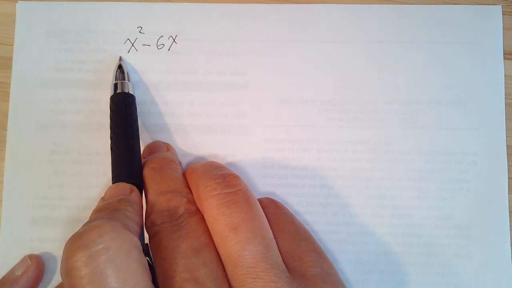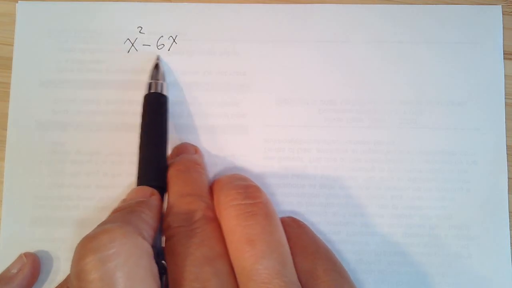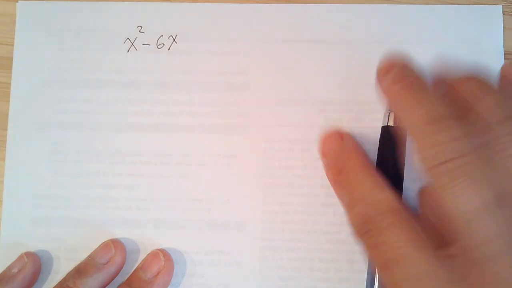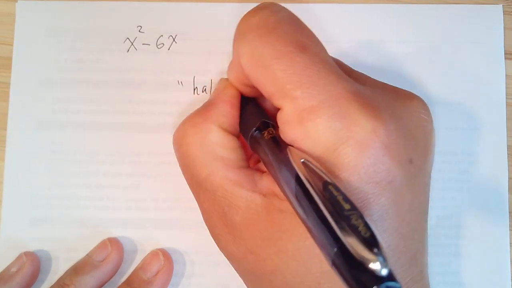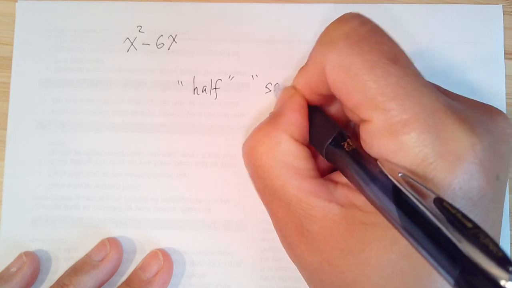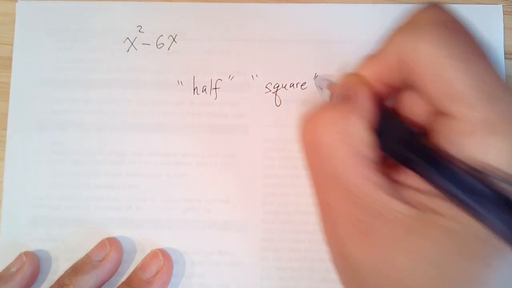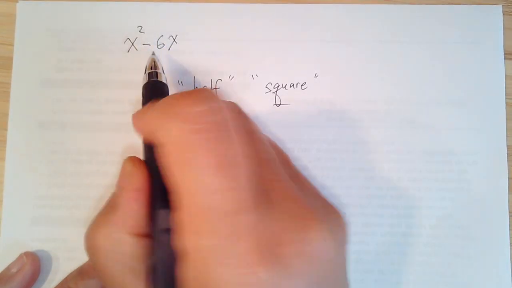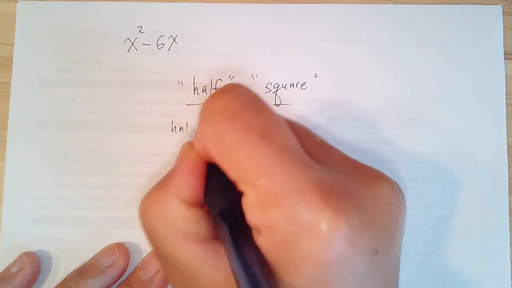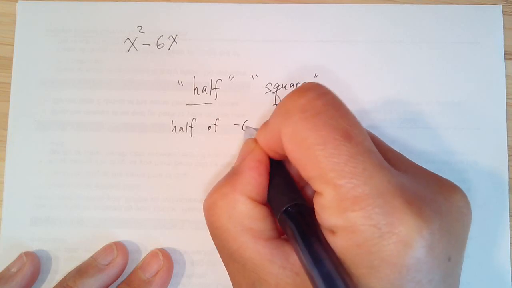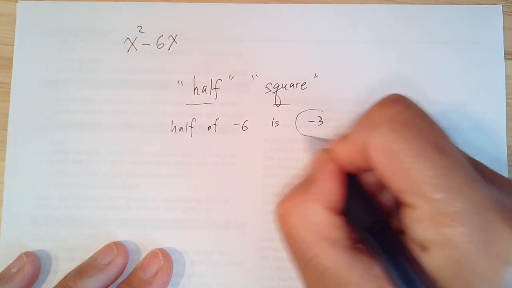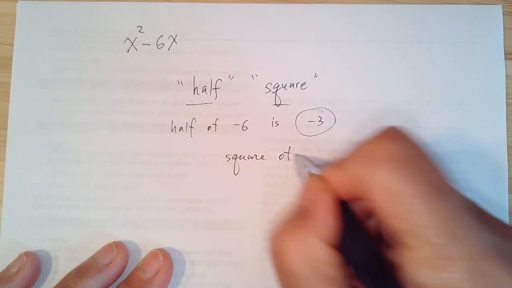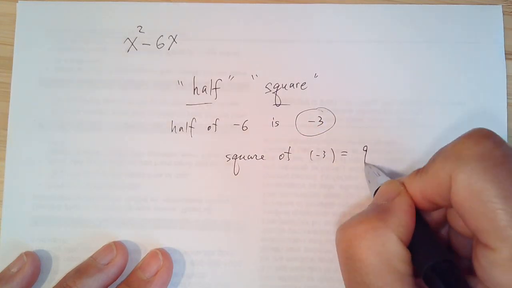Next, the coefficient of the x term is negative 6. Remember, half square. Those are the two magic words, which means half of that number. Half of negative 6 is negative 3, right? And the square of negative 3 is 9, isn't it?